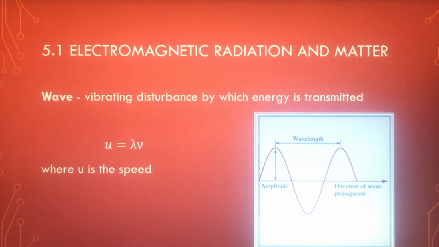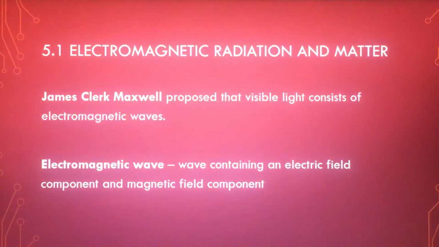Okay, so let's look at some theories behind electromagnetic radiation and matter. James Clerk Maxwell proposed that visible light consists of electromagnetic waves. So this electromagnetic wave is a wave, or a disturbance, containing both an electric field and a magnetic field.